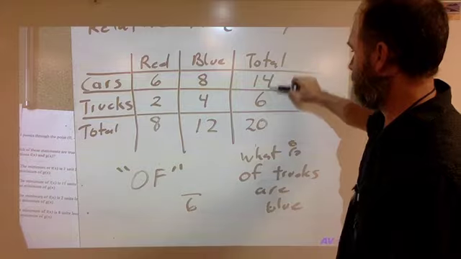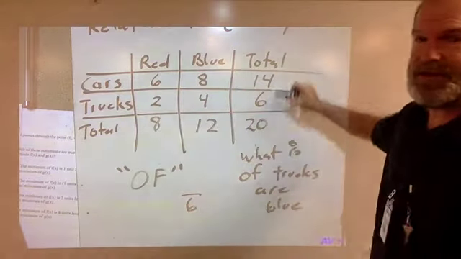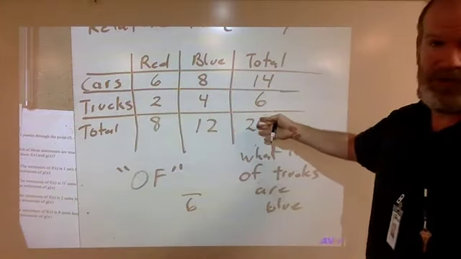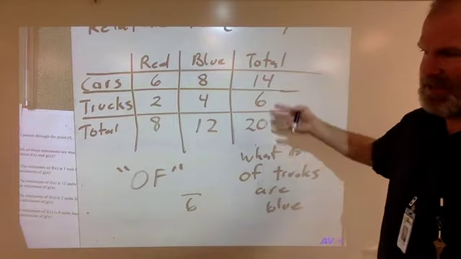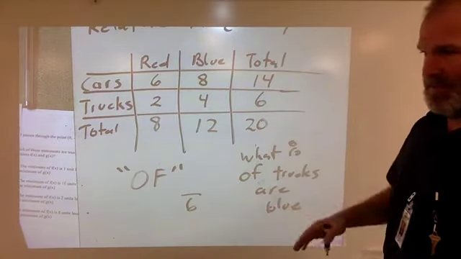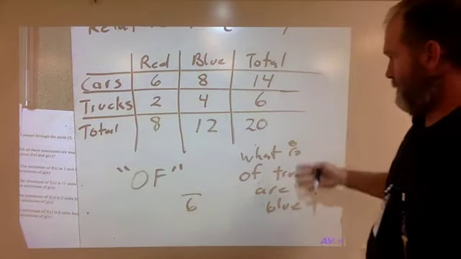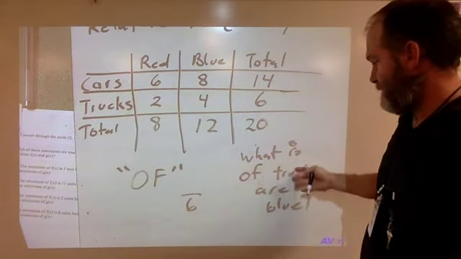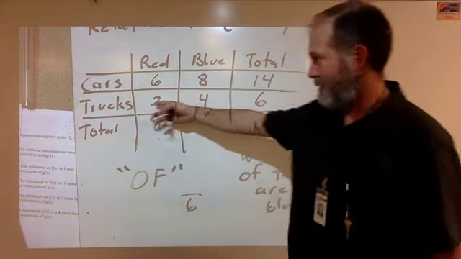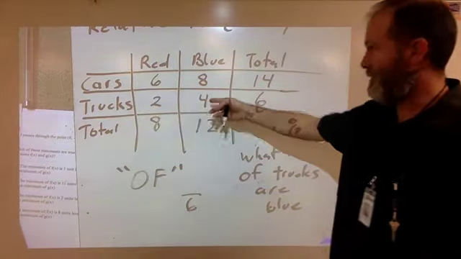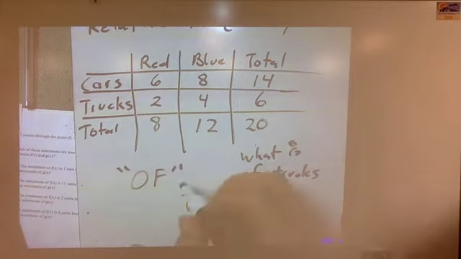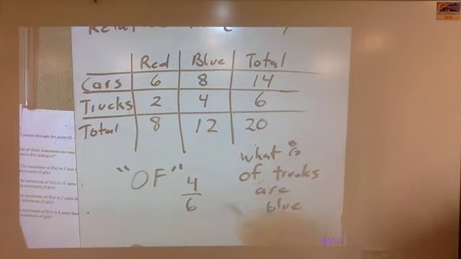The common mistake is people always want to use 20 for the denominator, and it's not always 20. They're not always talking about all the vehicles. Sometimes they're only talking about the trucks. Of those 6 trucks, 4 of them are blue. So it's 4 out of 6, which is 2/3, which is about 66%. You see how this works?